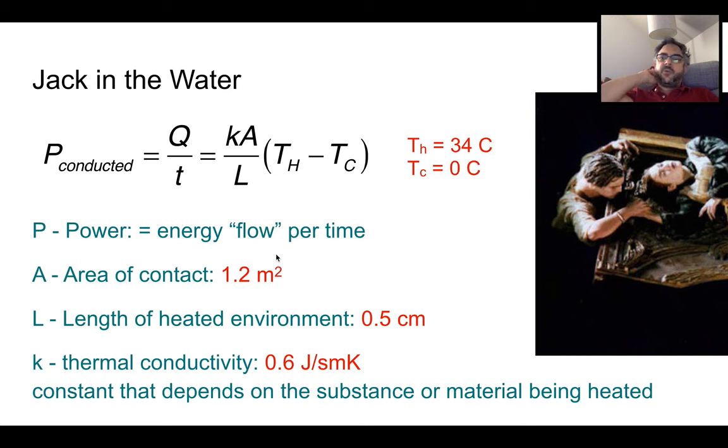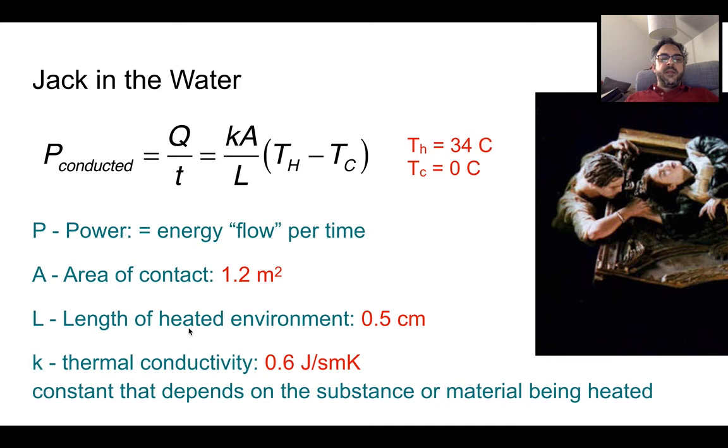I would think anywhere between 1 and 2 meters squared would give you a reasonable idea. 2 meters squared would be a LeBron James size person. 1 meter squared would probably be a much smaller person, maybe a gymnast. So somewhere in there. So we'll pick 1.2.